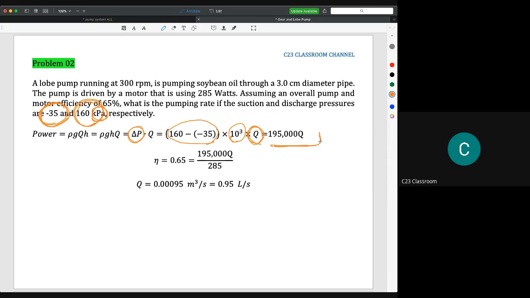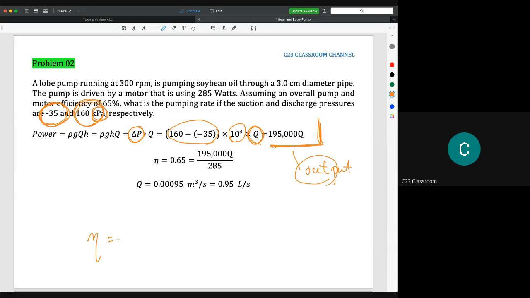This is the power according to what we have, which means this is the power output.